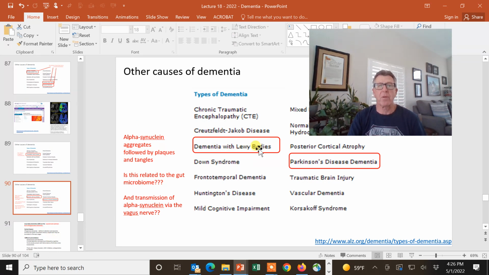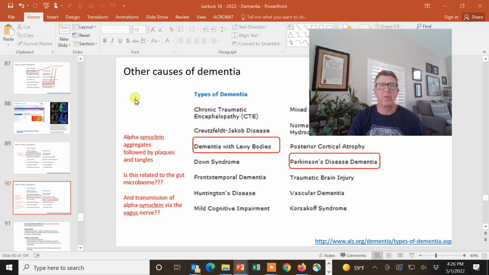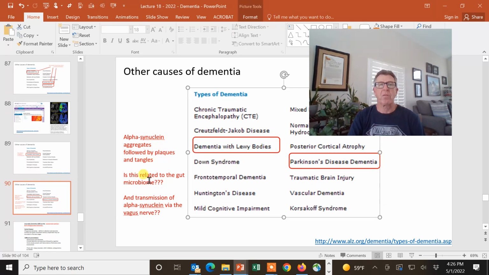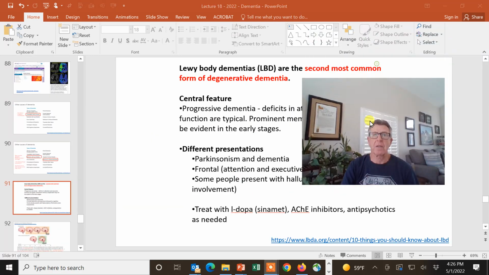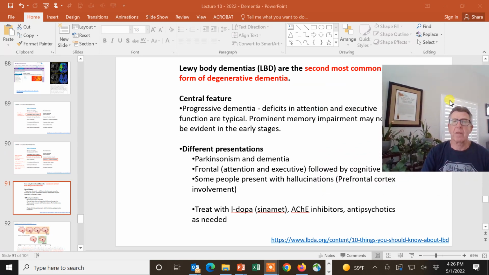Then lastly, we have the ones that are associated with alpha-synuclein. And alpha-synuclein, remember, was the key aggregate protein that we see in Parkinson's disease right here. But there's also forms in the cortex when you have that kind of dementia. Lewy bodies are an aggregate of the alpha-synuclein.